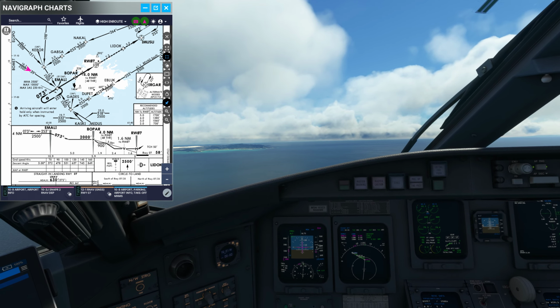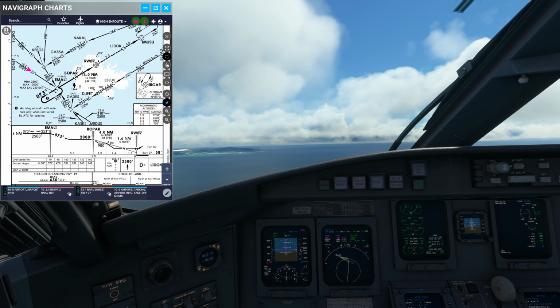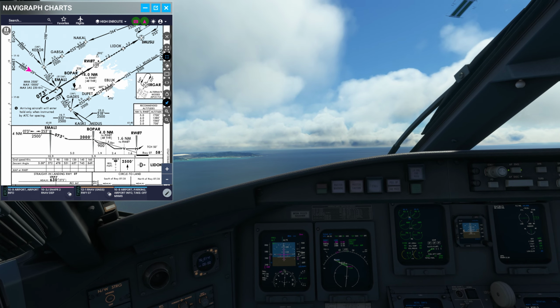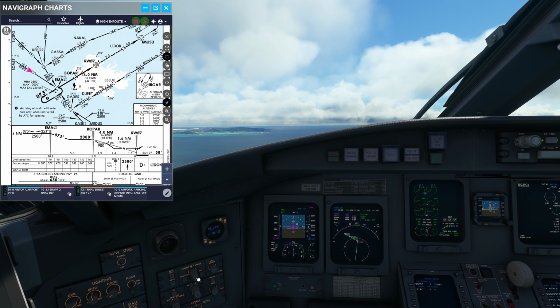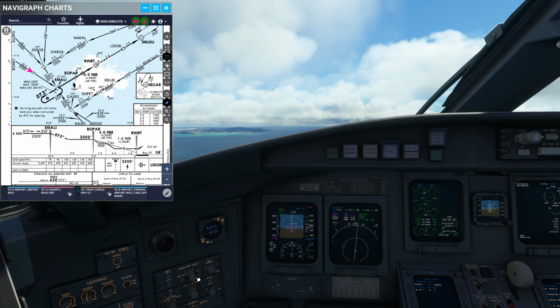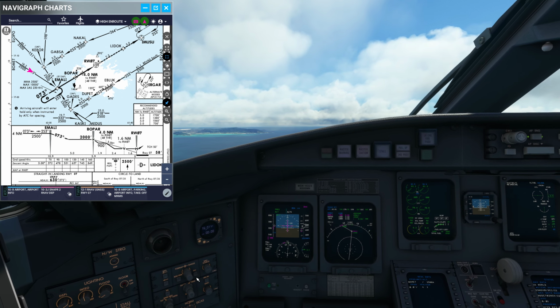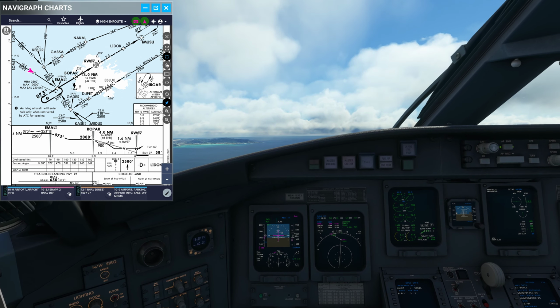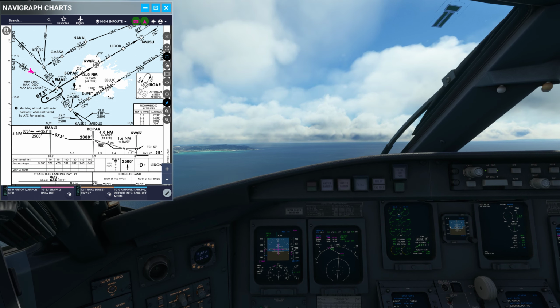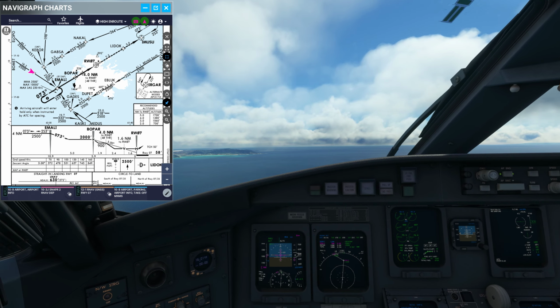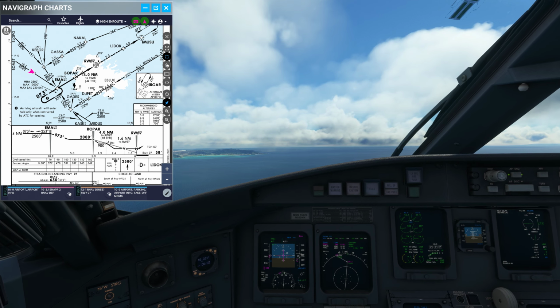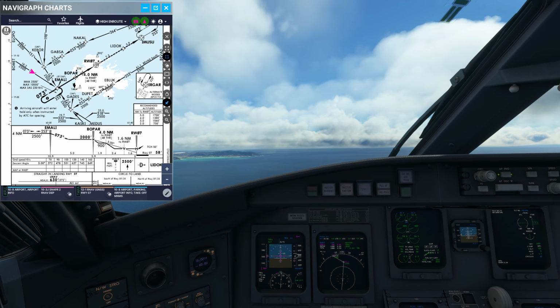So once we get to Amali, we've only got 5 nautical miles to get down that 500 feet and get not reconfigured per se, but alright, so we've got it for 2000. So once we cross Amali, we're going to go vertical speed mode down.